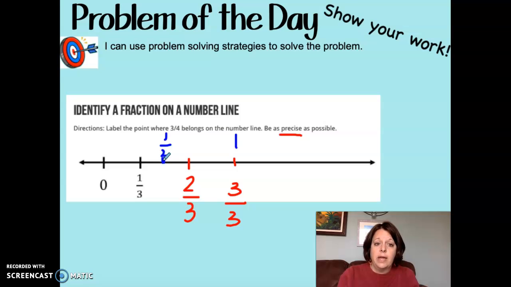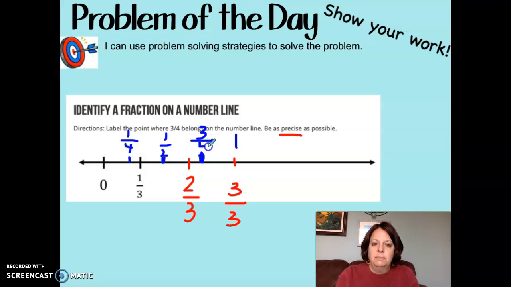Then we know that between 0 and 1/2 is 1/4. You knew that, didn't you? Yep. So if we have 0, 1/4, 1/2, then between 1/2 and 1 whole is going to be right about here. It's kind of looking like flour, but it's supposed to be 3/4.